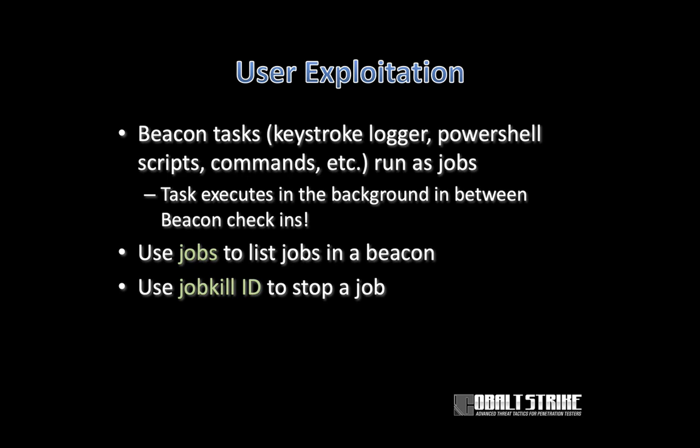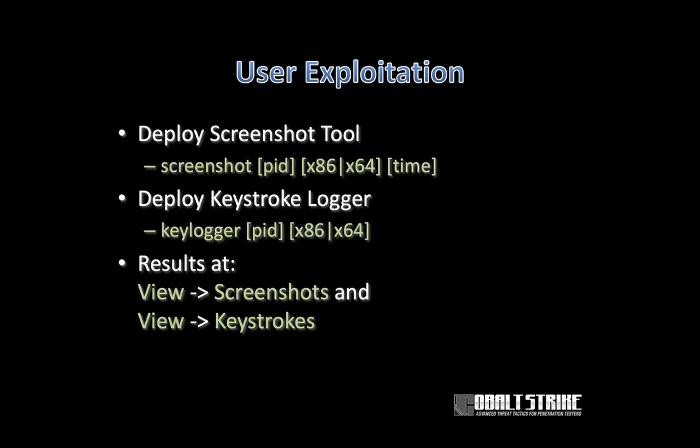To stop a job, use job kill and the job ID to ask beacon to terminate that job. To take a screenshot in beacon, use the screenshot tool. You can target a remote process or type screenshot by itself, and beacon will spawn a temporary process and inject the screenshot tool into it.